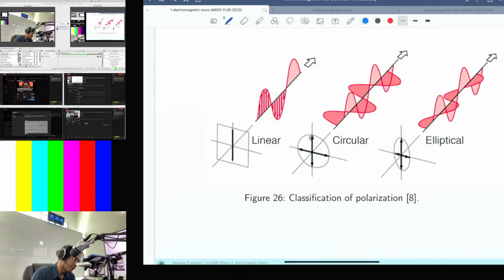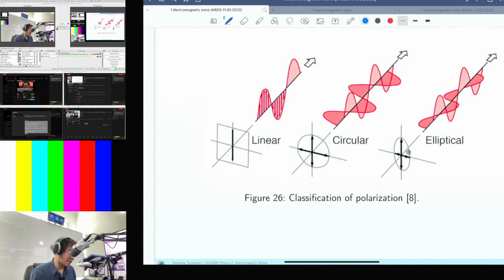And fortunately, the height of the Y component of the E field is the same as the distance along the X axis for the E field. And that's why we get the circle shape of this fluctuation, and it's called circular polarization.